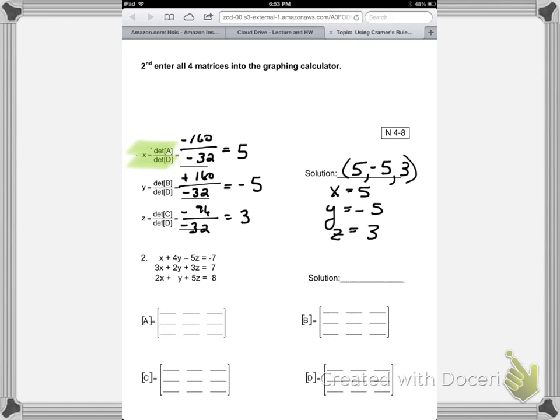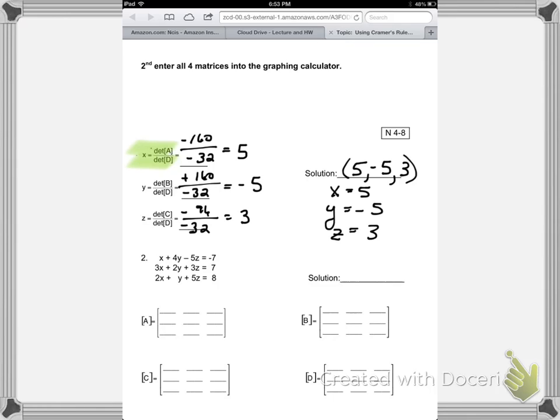Okay. So looking at number 2 here, the second example, you're going to have to fill these out. Now, if one of these is missing, if there's not an x, a y, or z, you're going to have to put 0 into one of these blanks.